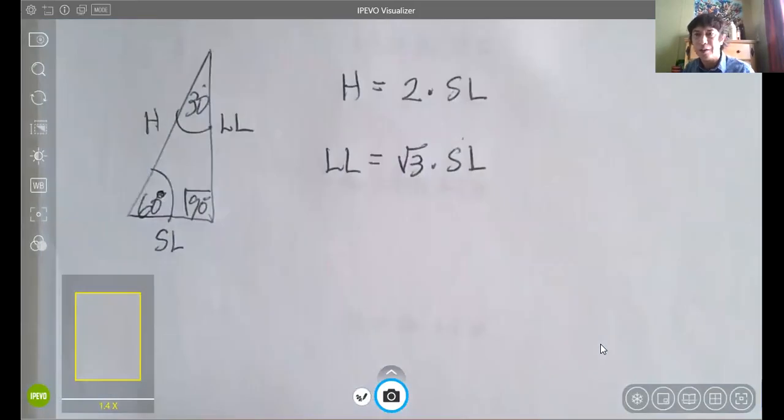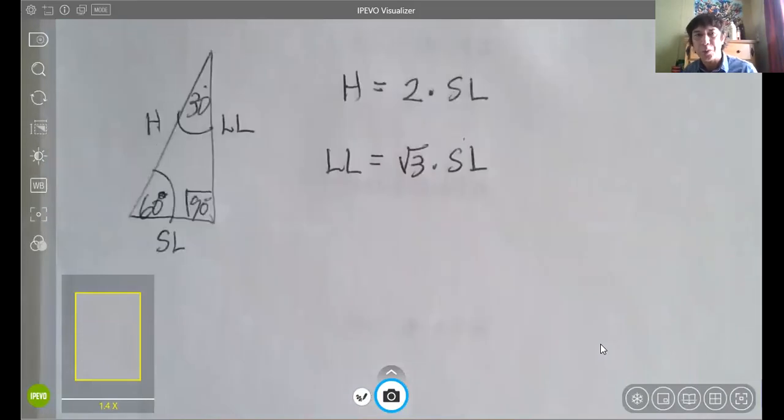So in a right triangle like this, the smallest angle is opposite the shortest leg. And then the next size, which is 60, is opposite the longer leg. And then, of course, the longest side, which is hypotenuse, is opposite the right angle, the largest angle in this triangle.